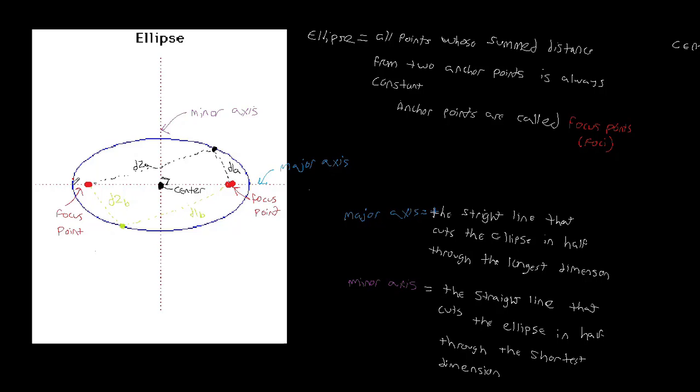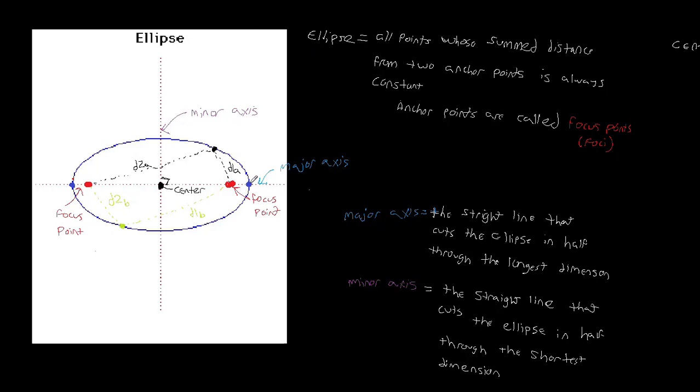But in this case, the major axis is the horizontal line, because the major axis is the line that cuts through the ellipse in the long direction. The next two points I want to talk about are the points where the major axis intersects the ellipse. So that would be this point right here, and this point right here.